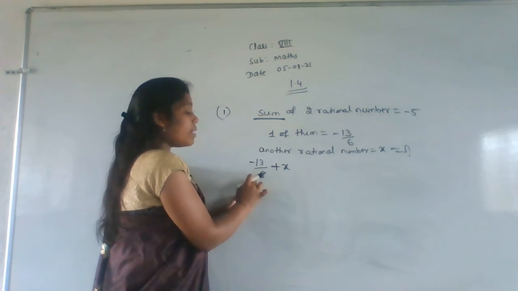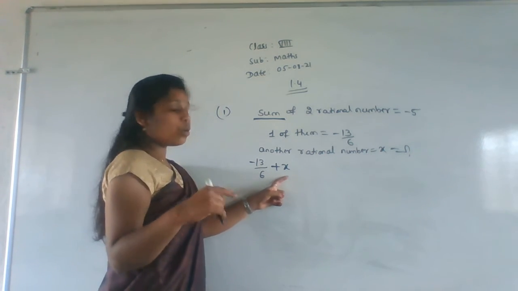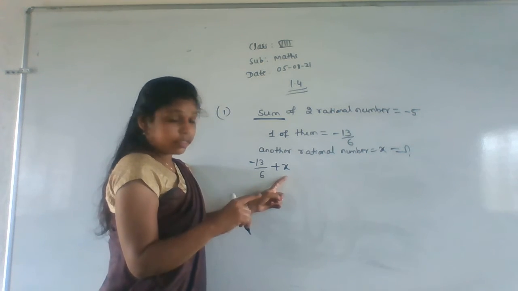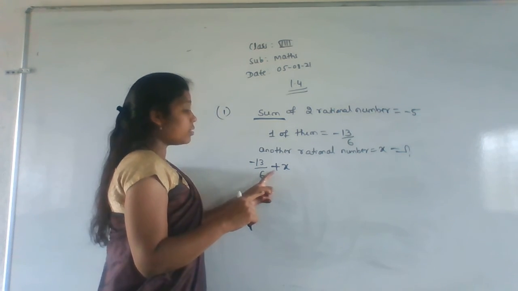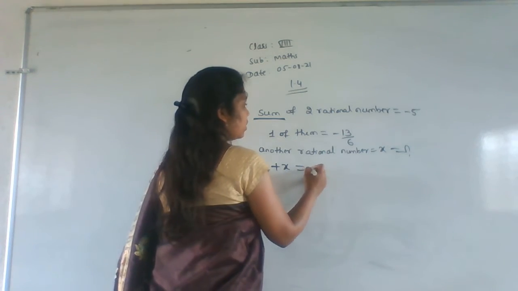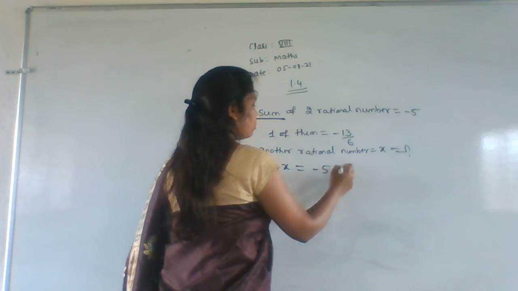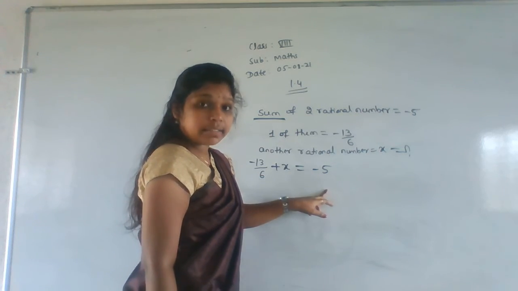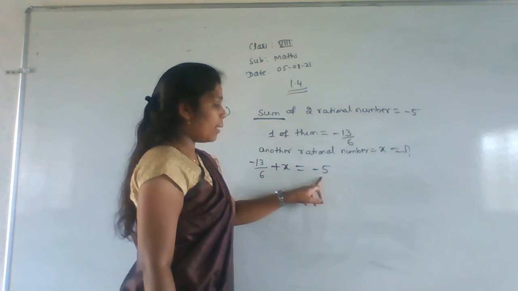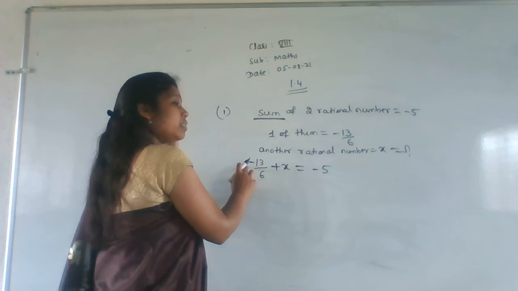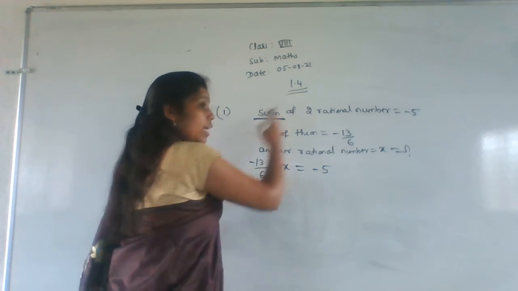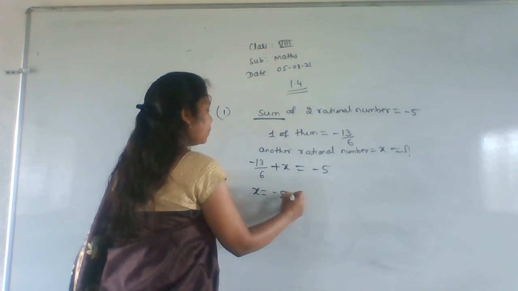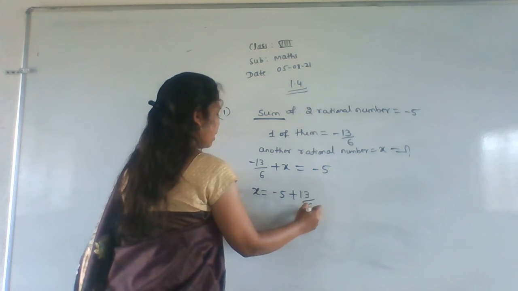So minus 13 by 6 is the one number. We don't know the other rational number, so that is considered as x. So minus 13 by 6 plus x is equal to minus 5, since they already gave that the sum is minus 5. Now simplify it. Take minus 13 by 6 to the RHS side. So it will become minus 5 plus 13 by 6.